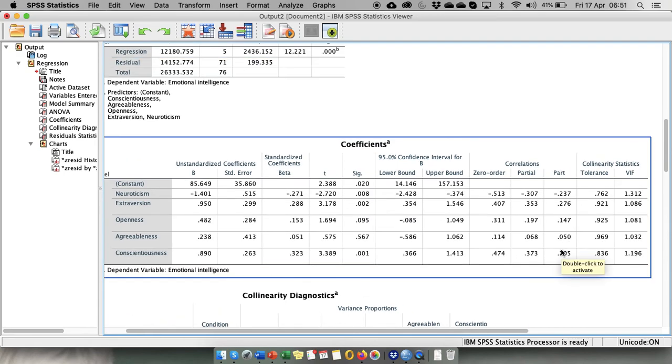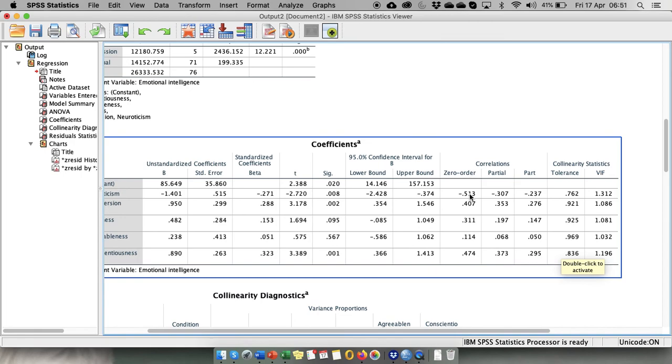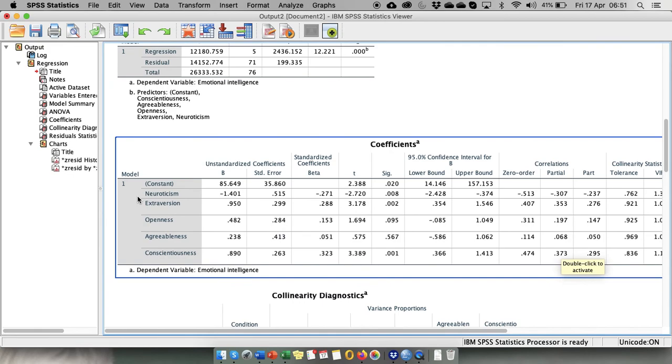Then what we also get is our zero-order correlation between our predictor variable and our dependent variable. Zero-order correlation in this case is simple Pearson correlation. So we can see that the simple Pearson correlation between neuroticism and trait emotional intelligence was -0.513.